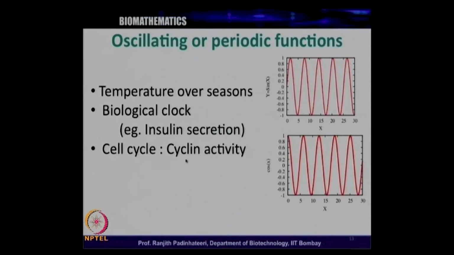The activity of the cyclin is also a periodic or oscillating function. In other words, the expression of many proteins over the cell cycle could be again a periodic oscillating function.